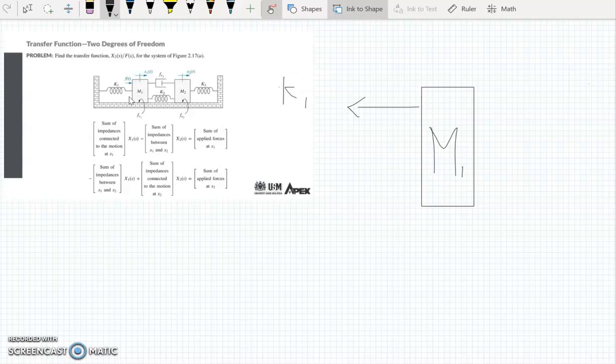So this one is K1, displacement of x1 s. This is due to the spring. You also have the force Fv1, which is this one that touches the floor.